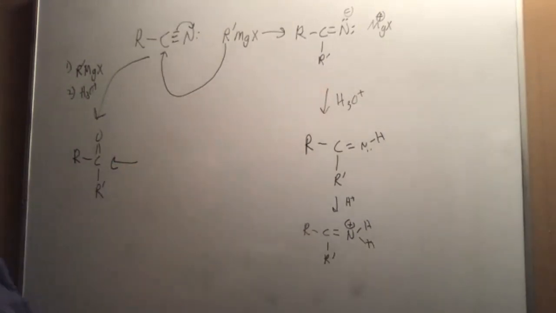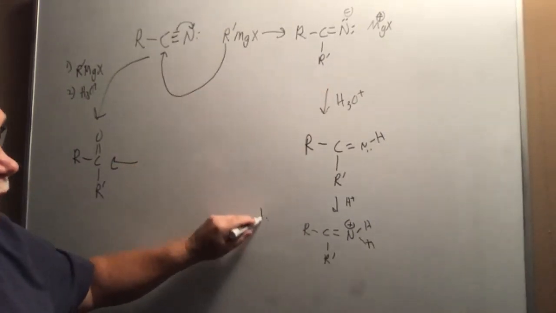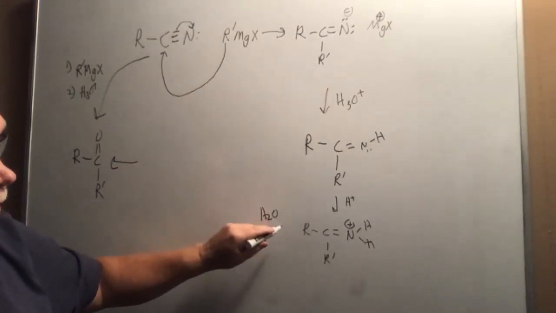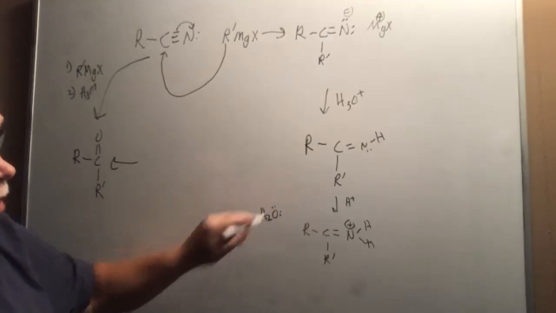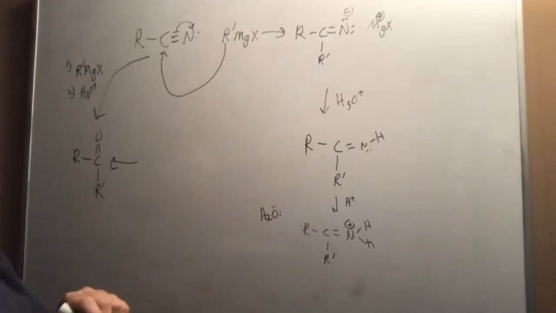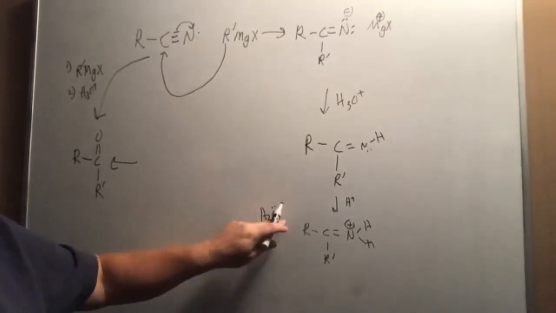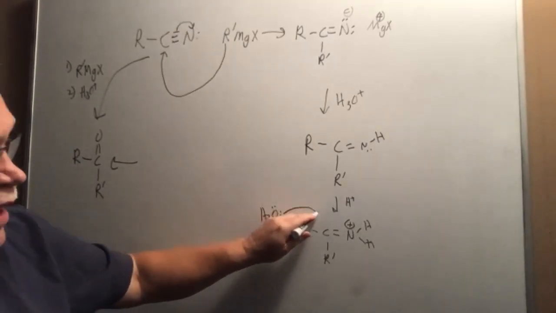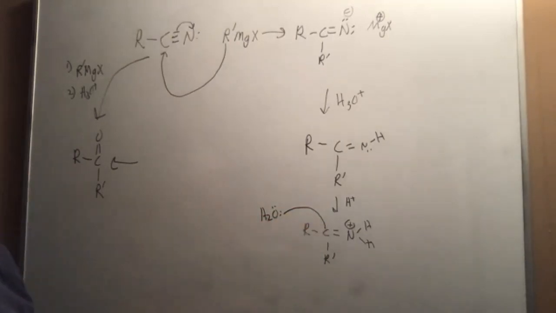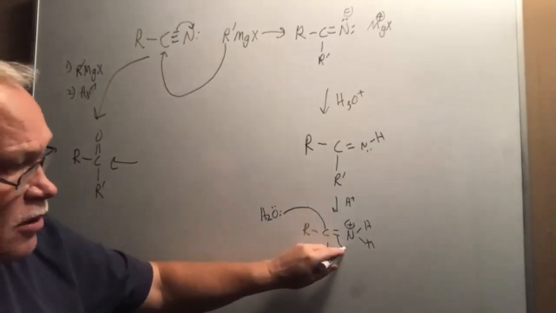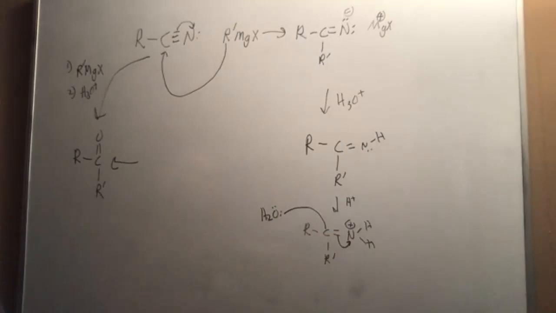Because it's in acidic solution, we're going to add water. Now the water, remember, has lone pairs on the oxygen. So where would that water attack? Since the oxygen is partially negative, it's going to attack the carbon, kicking out that pair of electrons.